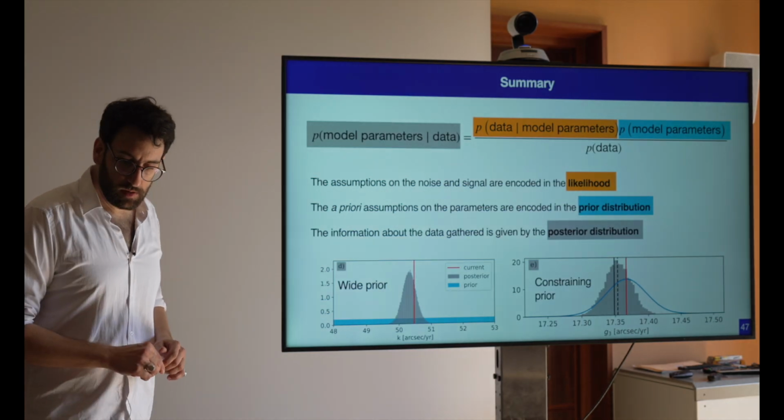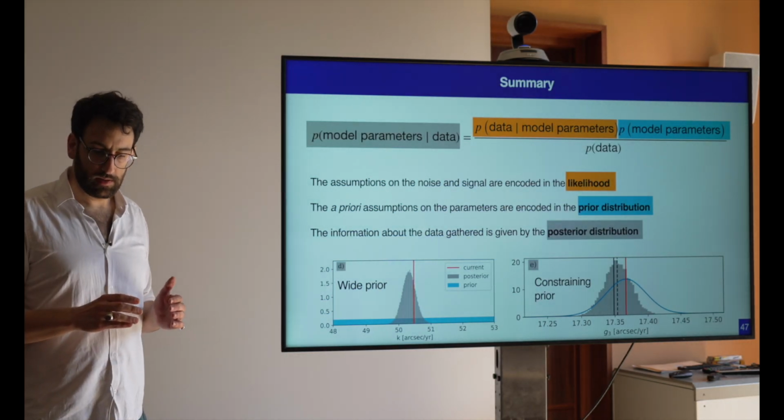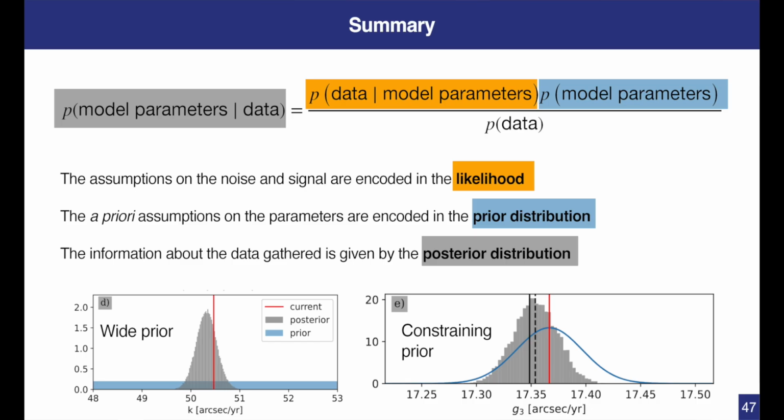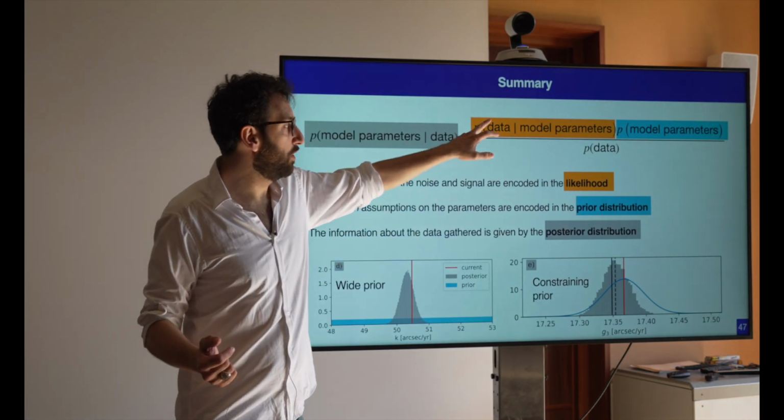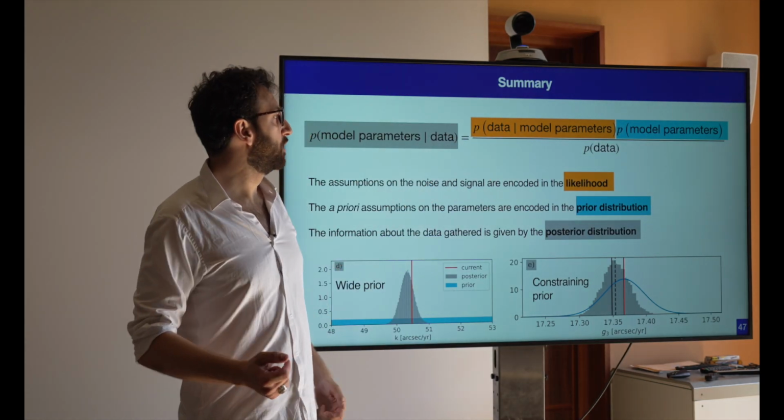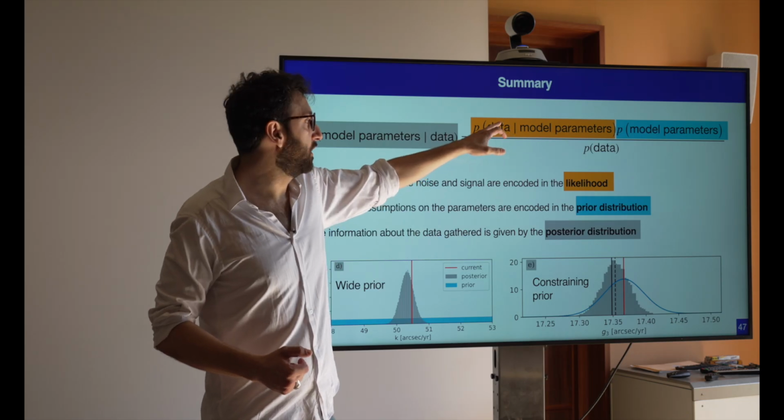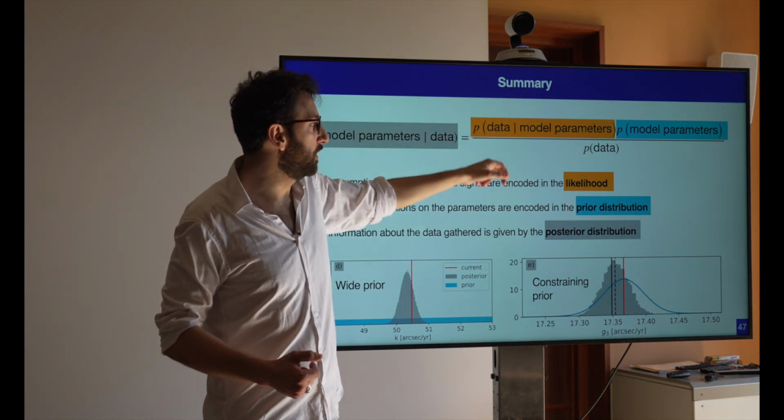Okay, so to summarize, the takeaway message is that you compute the posterior probability which encodes the uncertainty on your parameters. This is the formula you use to compute it. We have already determined what the likelihood is.